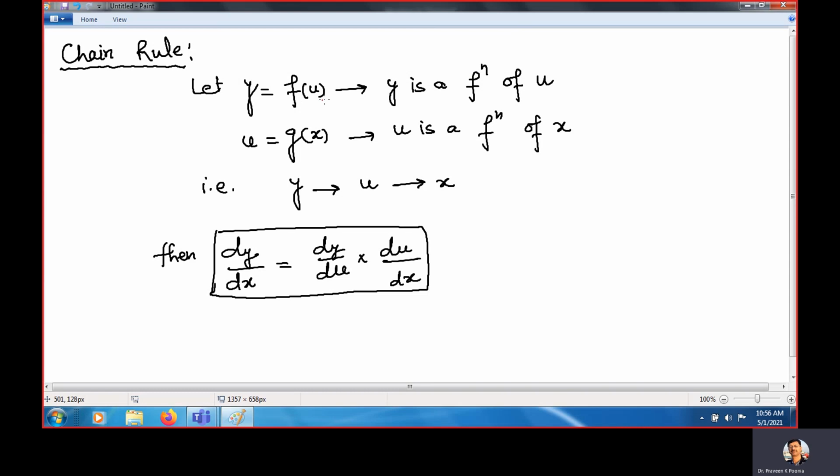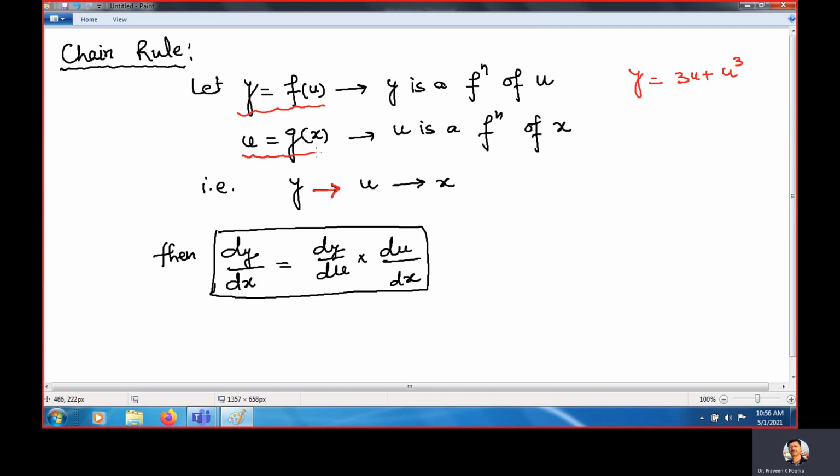Y is a function of u. You can see here, y is a function of u means y has terms of u, like 3u plus u cubed. So the values of y are in terms of u.